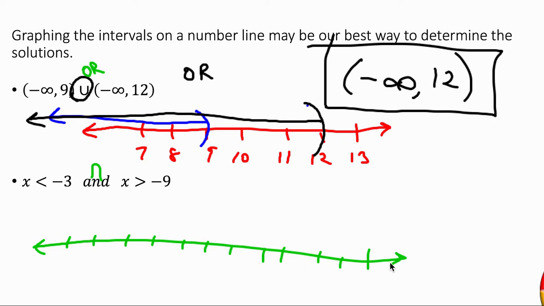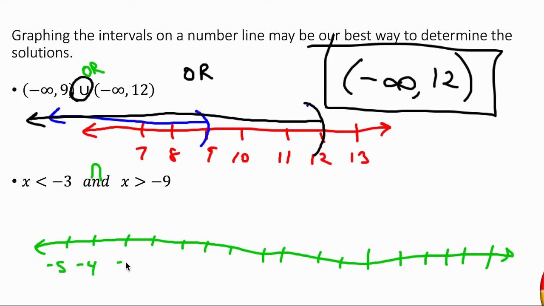So make it a little bit longer. Just imagine. All right, so let's say negative 5, negative 4, negative 3, negative 2, negative 1. I could have gone by multiples of 3, might have been better, but just for emphasis here. It's a 4, by the way.